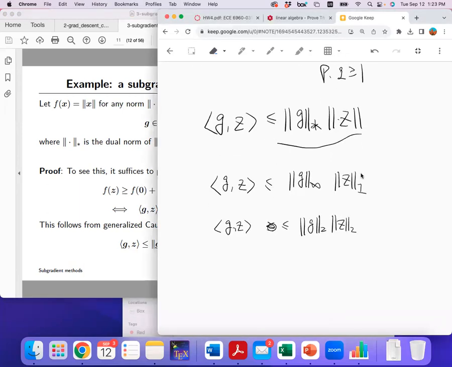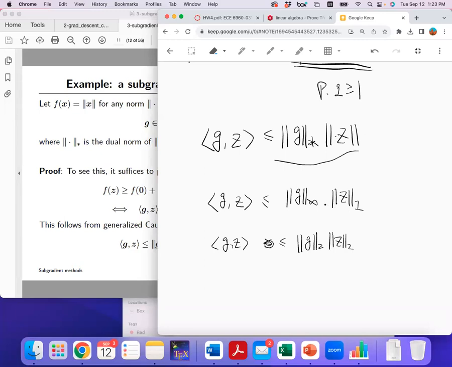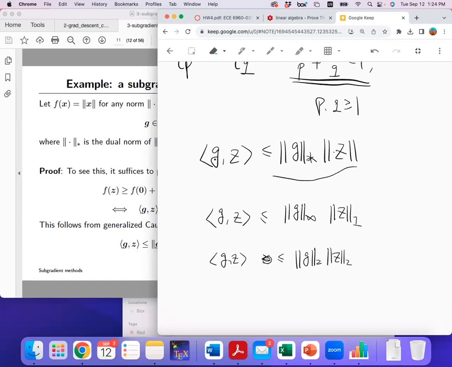You just need to remember these concrete examples: 1 and infinity, 2 and 2 form a primal-dual pair. This is just a more general way to summarize all these scenarios. This works for any arbitrary G and Z, any two vectors in the norm space. This inequality will hold.